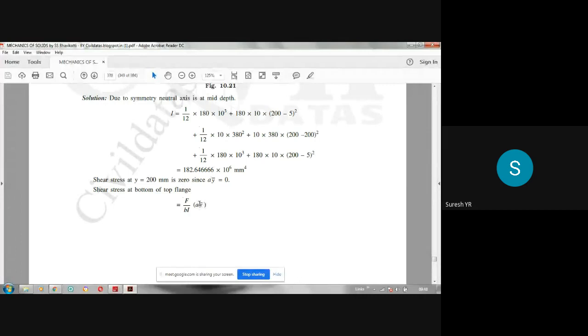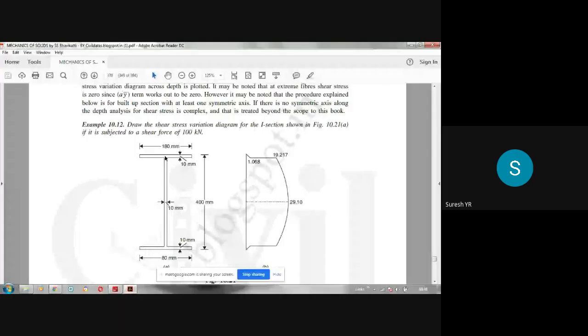A is whatever area is there above this layer, and y bar is the distance of the CG of that area. The CG of that area will be here, and its distance from the neutral axis will be 200 minus 5, that is 195. So that is your y bar value.